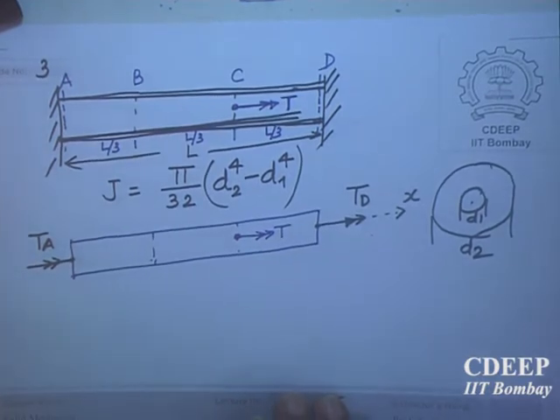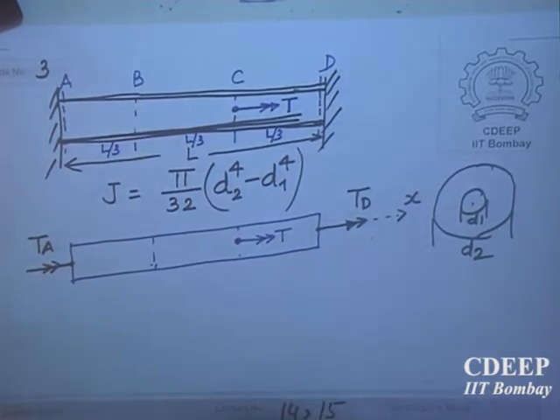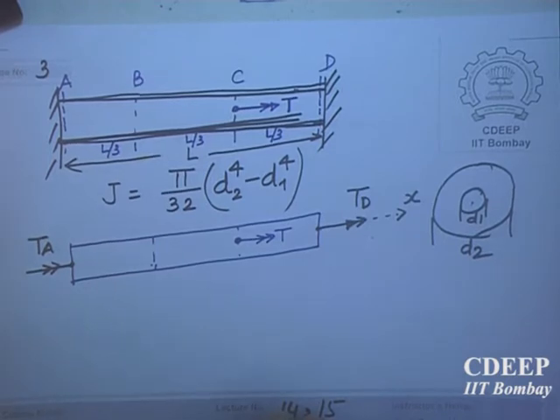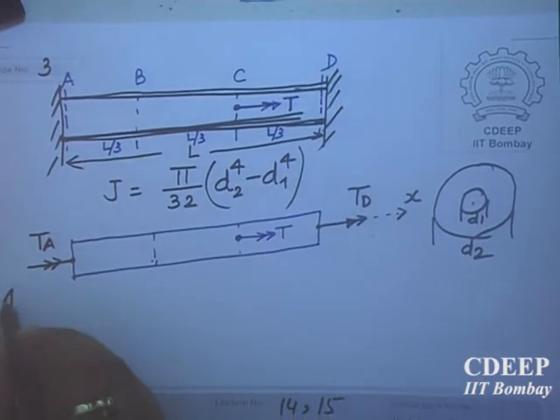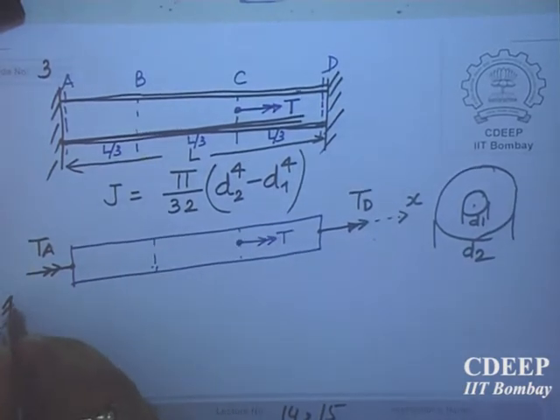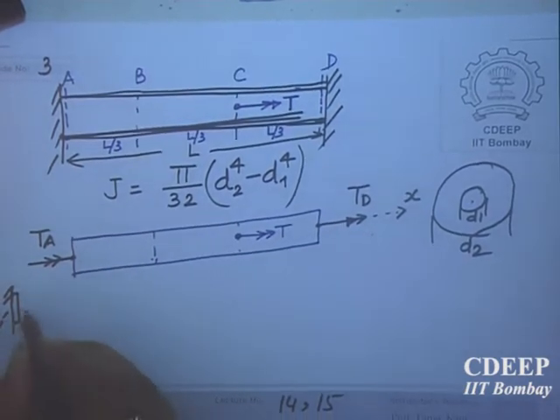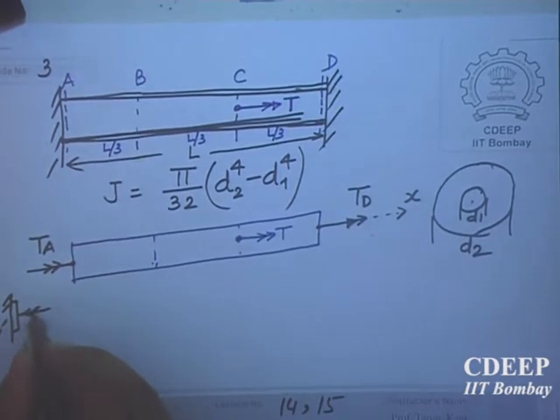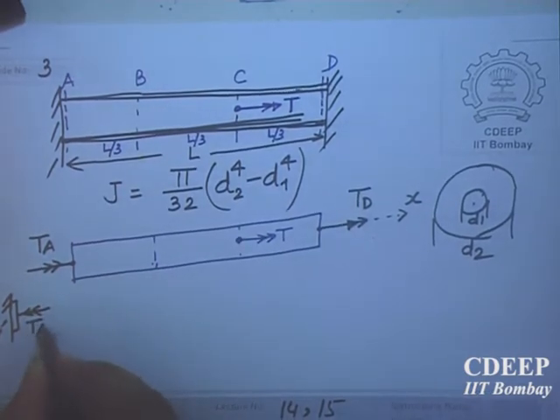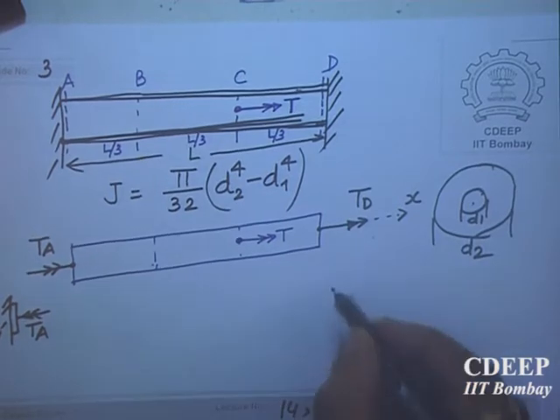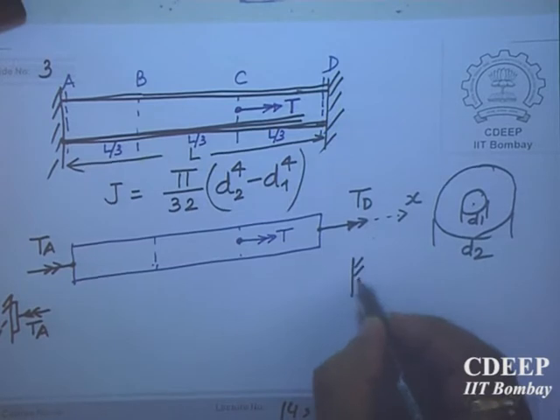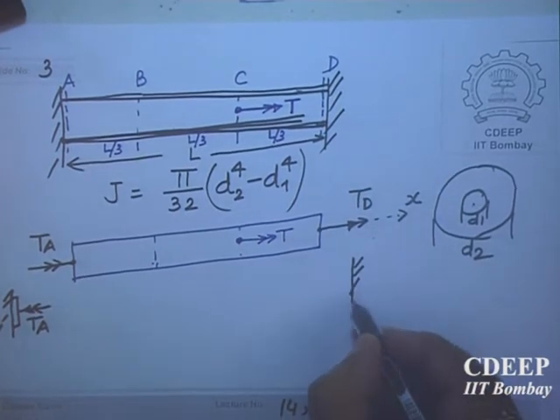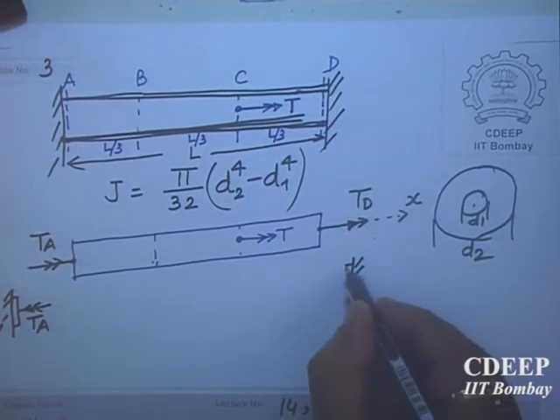Because there will be some twist, what will be the free body diagram of the support? It will be TA here, equal and opposite, because you all forget the free body diagram of the support.